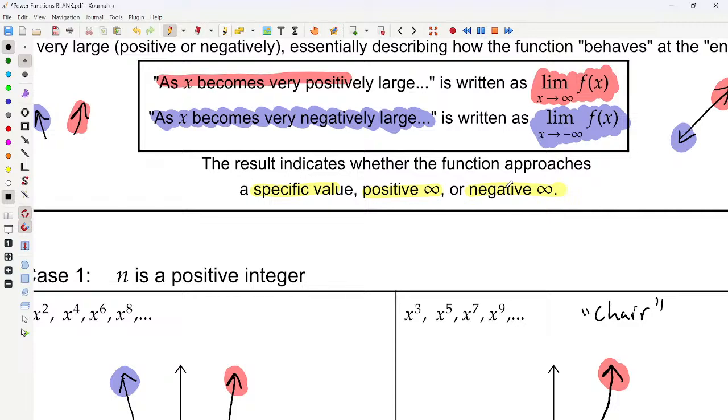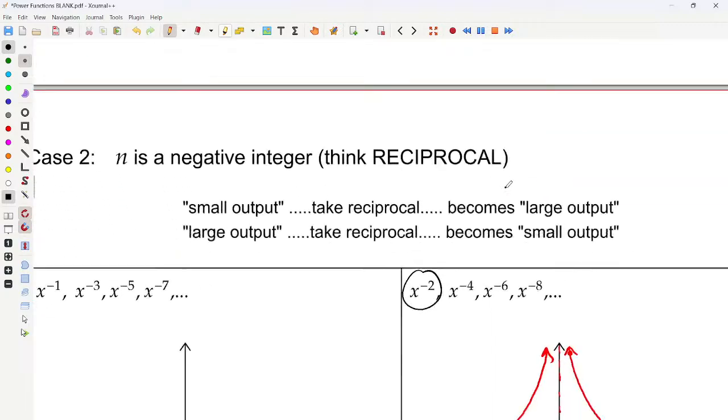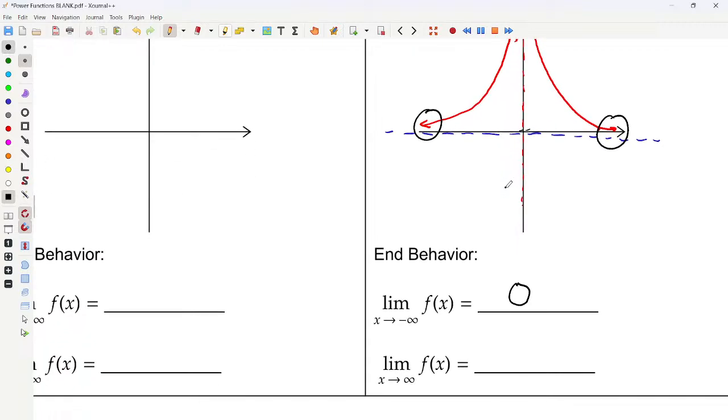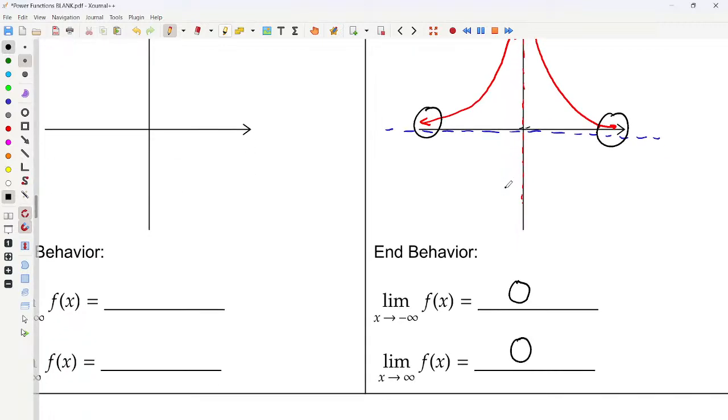However, even though this graph that we just looked at is falling, it's not falling free, no pun intended. It is trapped by the horizontal asymptote of 0. And that's what we write right there. That's the end behavior. And that's going to be true on that side as well.